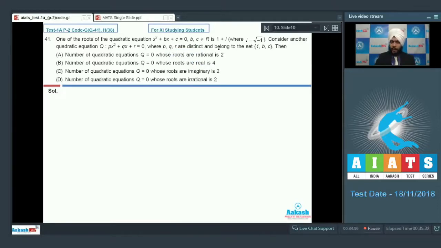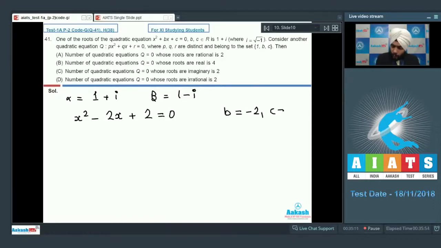So first of all, let us evaluate b and c. One root is 1 plus iota, other root is 1 minus iota. What is the sum of roots? 2. X square minus sum of roots times x. What is the product of roots? 2. Plus product of roots equals 0. We get b as minus 2 and c as 2.